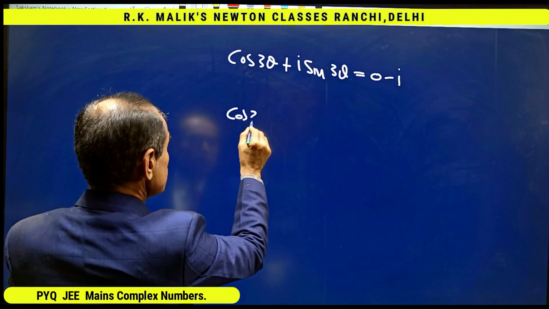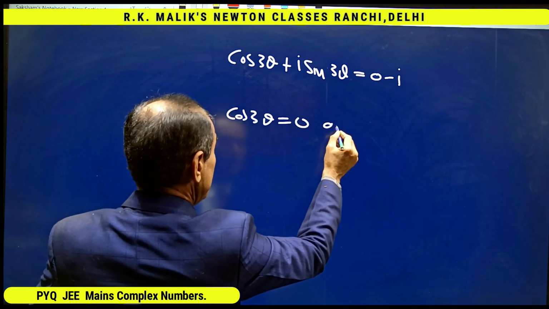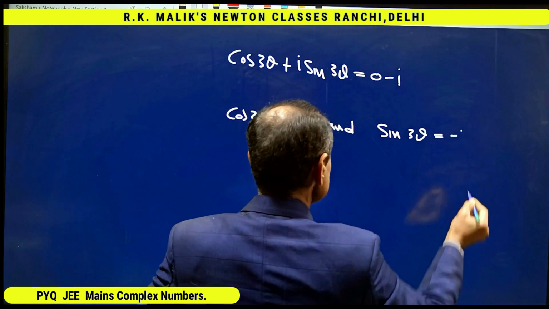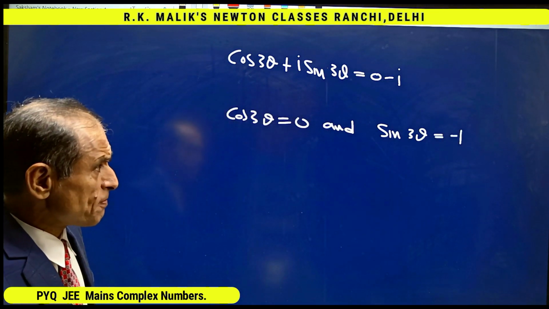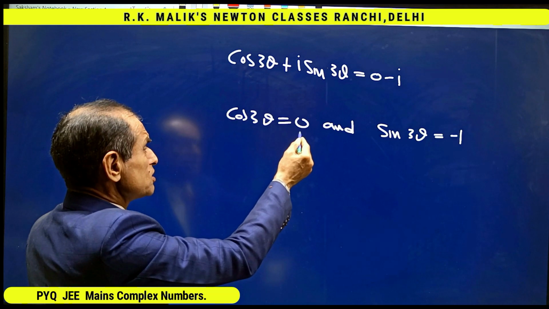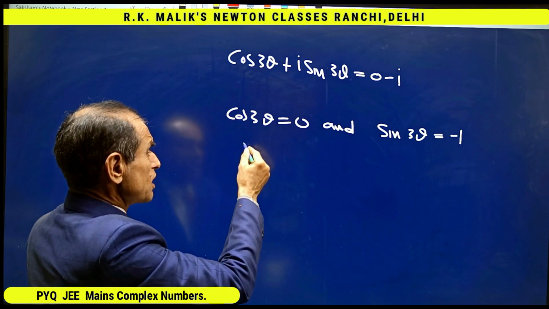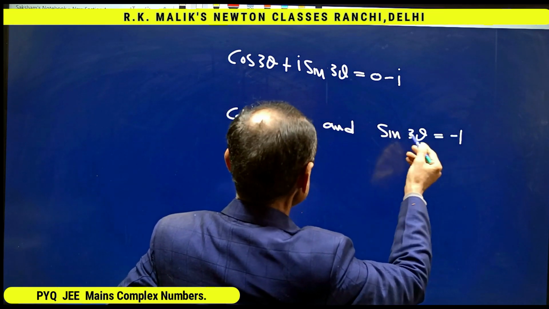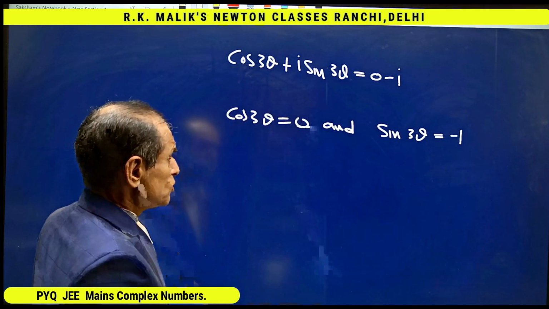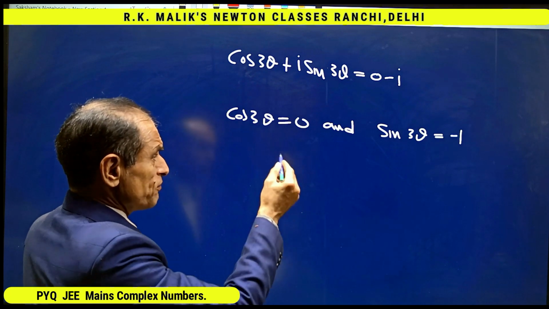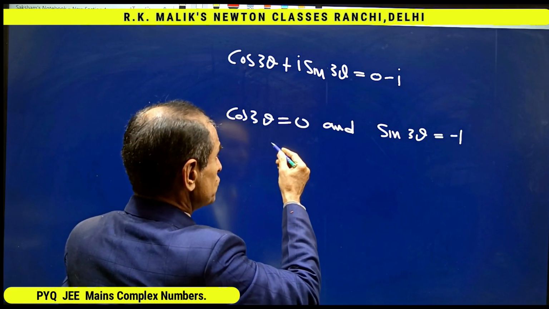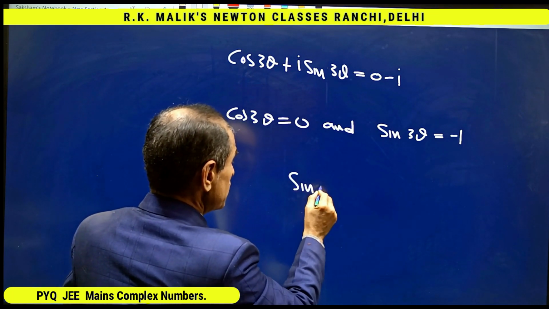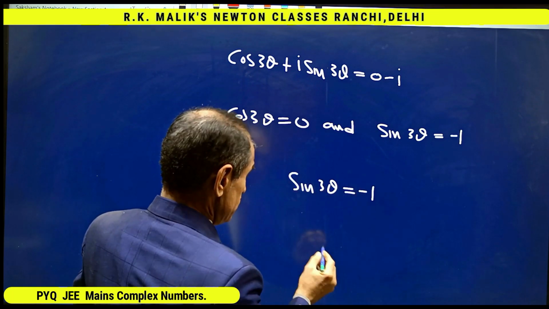Means cos 3 theta equal to 0 and sin 3 theta equal to minus 1. Note that if cos 3 theta is 0, then sin 3 theta can be 1 or minus 1. But if sin 3 theta is minus 1, then cos 3 theta is sure to be 0. Hence, the values of theta which will satisfy both these equations will be obtained by solving this equation.